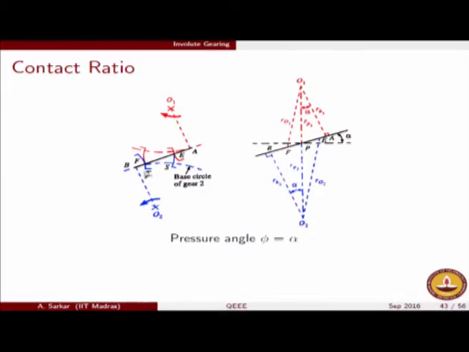Now typically what you want is that before one pair of teeth finishes its engagement, another pair of teeth should come into contact, because if the following pair of teeth doesn't come into engagement before the engagement is finished for this pair of teeth, then for some duration of time there is actually no positive drive between these two gears.